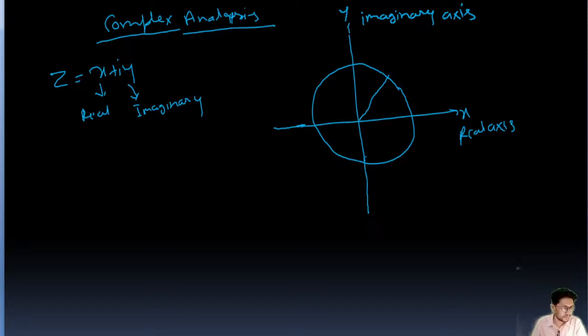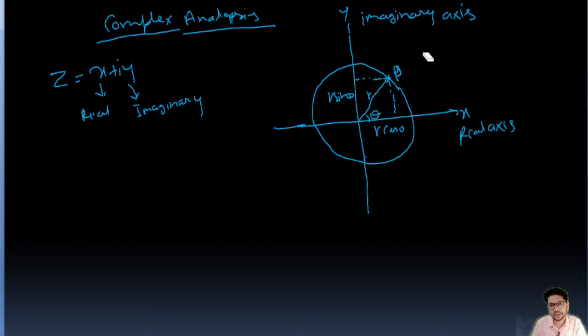This is theta, and this is any point P. This is r, this is r cos theta, and this is r sin theta in this plane. So this is point P.